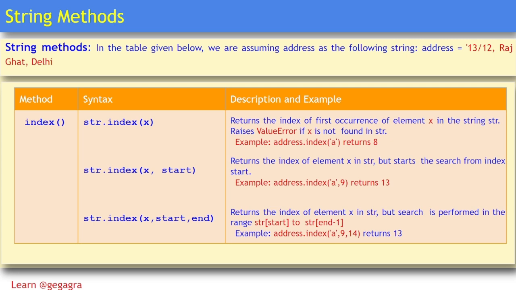So you should start with index number 9 and go up to 14 minus 1, that is 13: 9, 10, 11, 12, 13. If the character is available, what is the index? 9 is j, 10 is space, 11 is g, 12 is h, 13 is a. So on 13, a is available, and that is why the index is 13. This is how you can find out the index.